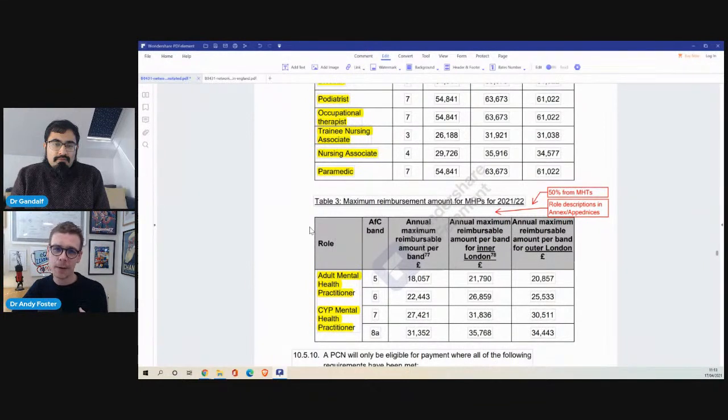Although I suppose being part funded and partly embedded within the organisation providing secondary care mental health services for the area will mean that it might be easier for the primary care networks to access and put in place the necessary supervision and training for those people. So I think that's potentially a plus, as well as enabling them to at least work as part of a wider team within that organisation. So I think there are some positives there.